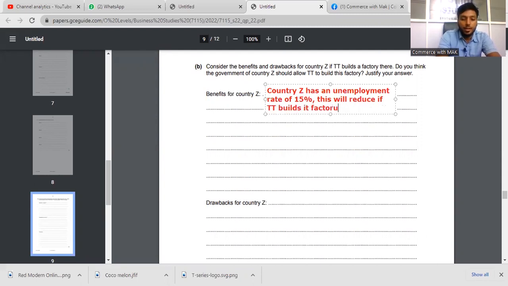Not only that, we can write that the GDP of the country will also increase by increasing the productivity of resources.